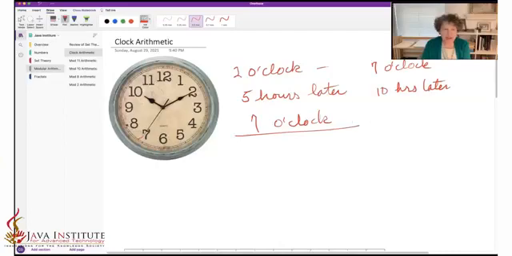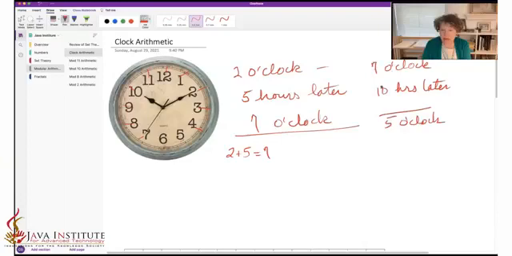If it's 7, 1, 2, 3, 4, 5, 6, 7, 8, 9, 10. That's going to be 5 o'clock. Okay, so in clock arithmetic, 2 plus 5 is 7.